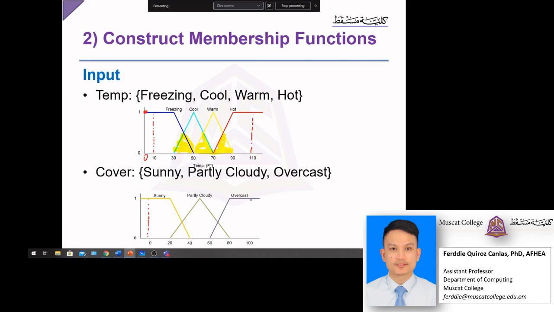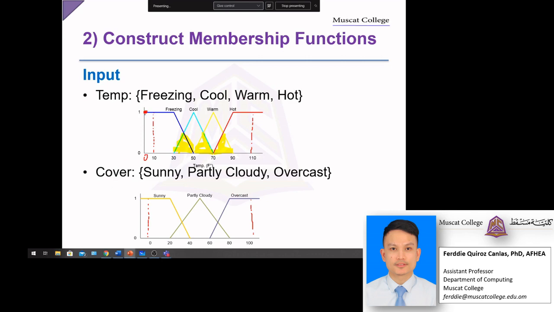Then from 20 to 80 we have partly cloudy, and from 60 to 100 we have overcast. So this is how we represent our membership functions.